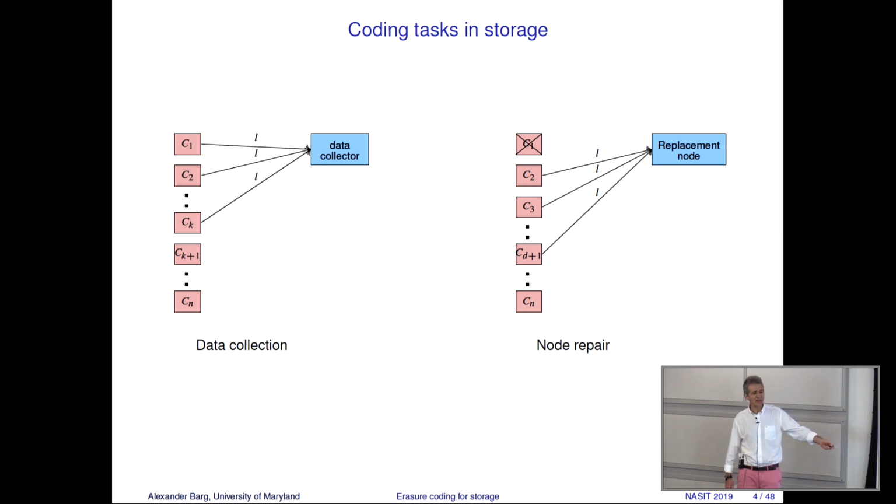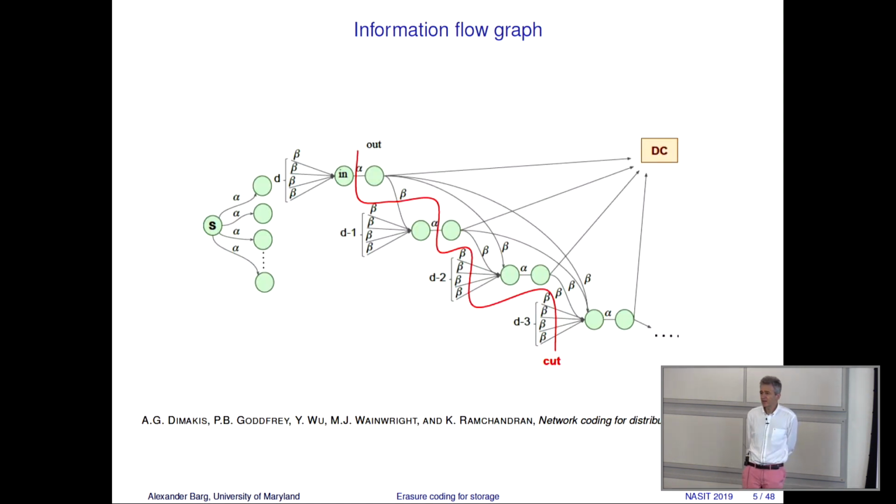So there are two tasks, data collection and node repair. A fundamental contribution of the Dimakis, Godfrey, Wu, Wainwright, and Ramchandran paper was to formulate the concept of the information flow graph. This is new. This is really a fundamental contribution. It was very helpful. It is at the start of all the discussions related to the repair bandwidth problem, regenerating codes, and a range of accompanying questions.